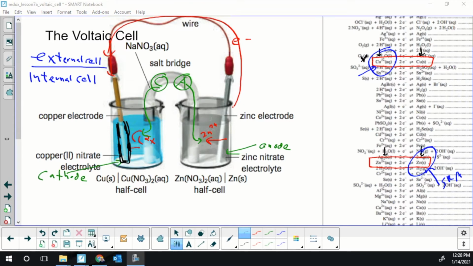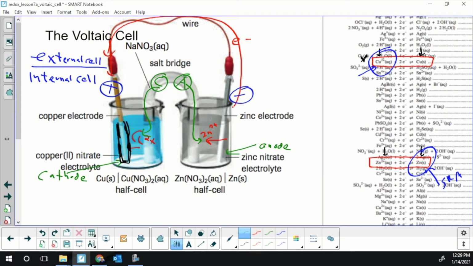Now, I did want to add in the polarity, the positive and negative terminals. Now, it's always going to be the same pattern. Okay? The negative terminal is going to be where the negative species is going into the wire. So your anode is always the negative terminal. And when you use a battery, the negative terminal is where the electrons are coming out of. The electrons go through the wire or through your phone or through the light bulb, and they go to the cathode, which is positive.